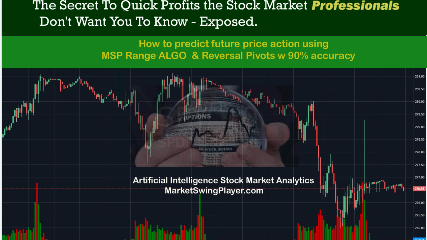Now, on Friday, which was the 19th, I believe, I used the combination of MSP Range Algo with the reversal pivot to determine what price was going to do that day. Okay, so that's what we're going to discuss.